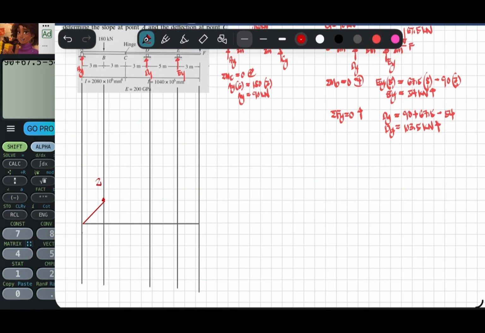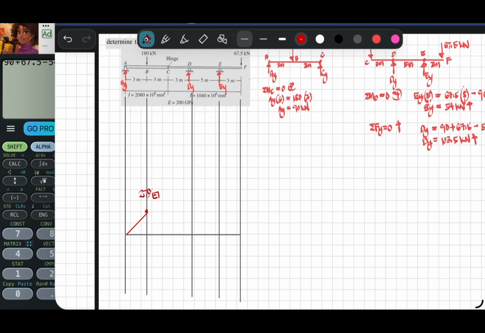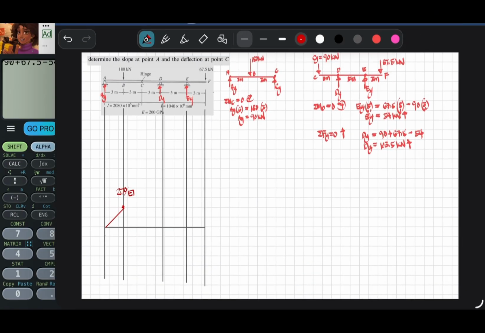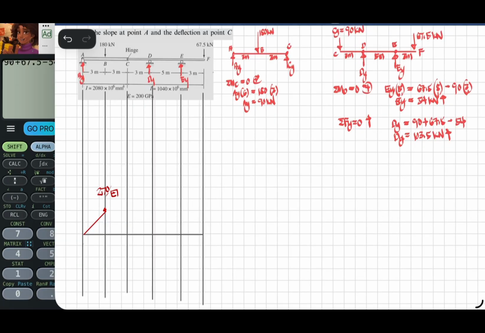So this is 270 over EI. But let's cut the beam here and analyze this part of the beam.